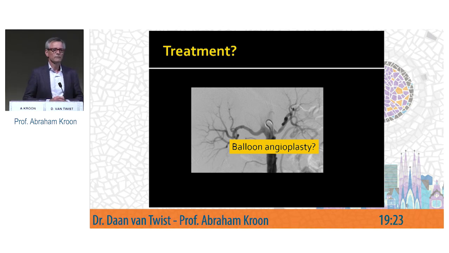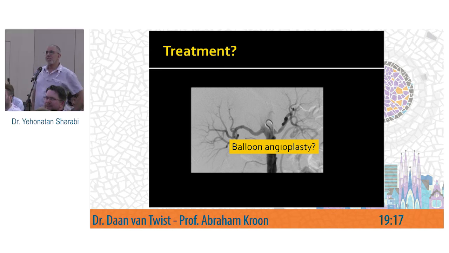Well, I think it's... Could you tell us who you are? Yoni Sharabi from Tel HaShomer. I think it is critical because a few years ago, I think it was 2010, in Hypertension they published the outcome in FMD when you do angioplasty. Apparently age is a major factor, because you want to cure patients with FMD.